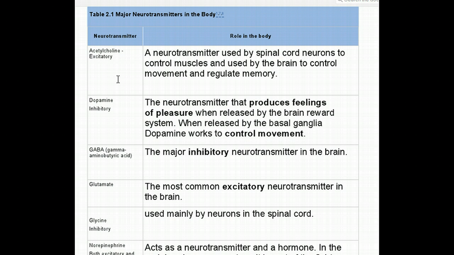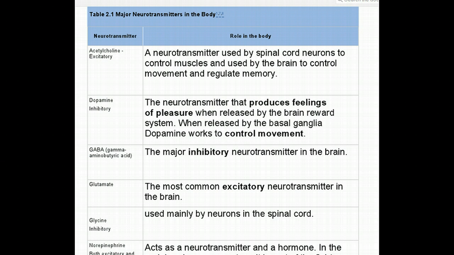Then you have dopamine. Now, dopamine can both control movement if found in a region of the brain called the basal ganglia, or when found in the reward pathway, that is the pathway we just looked at in the slide before last, where it produces feelings of pleasure.